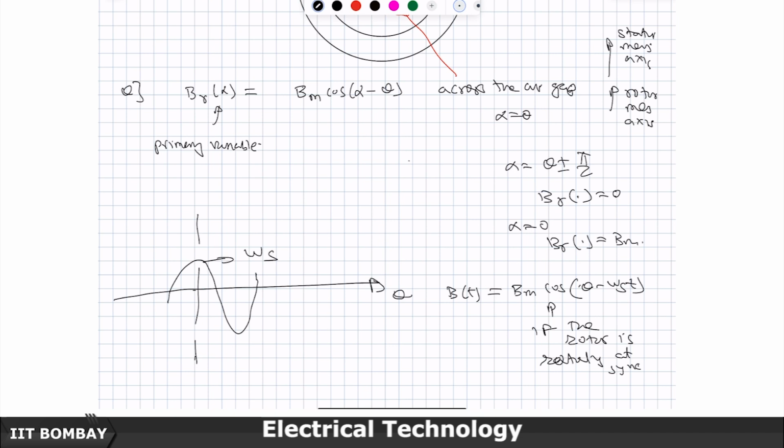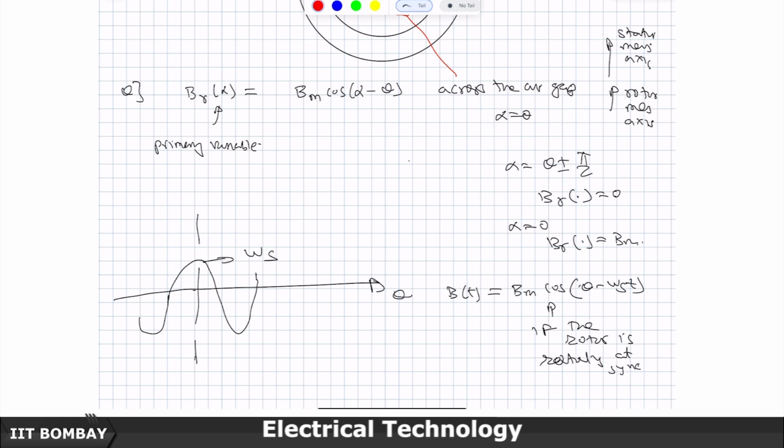On the south pole side everything is negative B, and on the north pole side everything is positive B. This is how it is when the NS pole is aligned with the stator axis, and then it starts rotating. So, this whole sinusoidal thing starts moving with a speed of omega s.